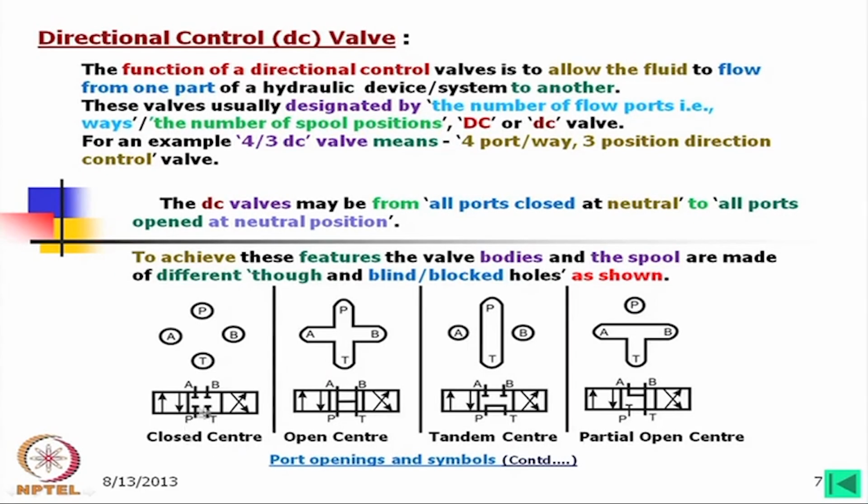So, if there is frequent operation, probably we will go for closed center, and if the operation is not very frequent, we can go for open center. And tandem center is in between these two, and in many cases the tandem center is used. Partial open center may be a special case.